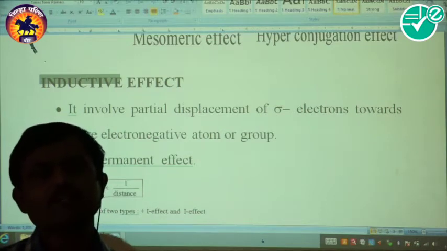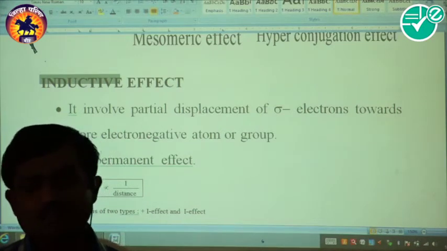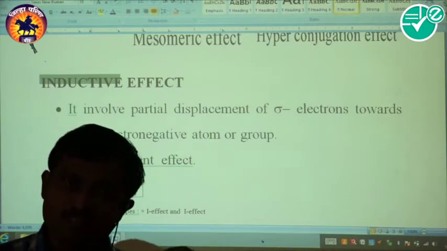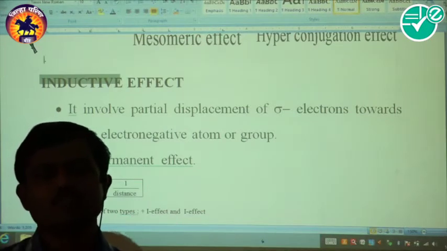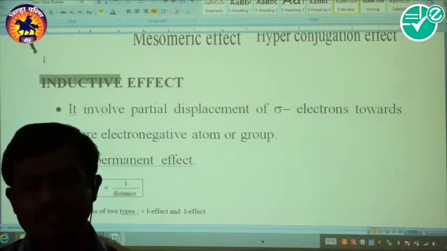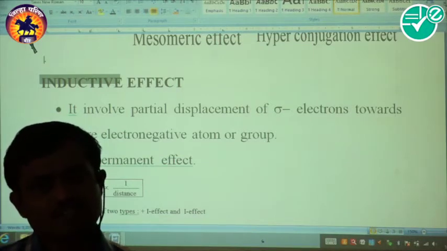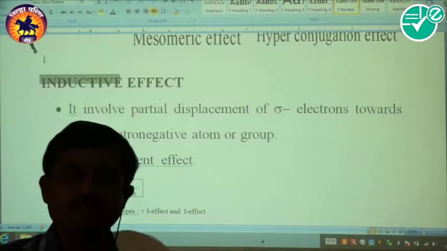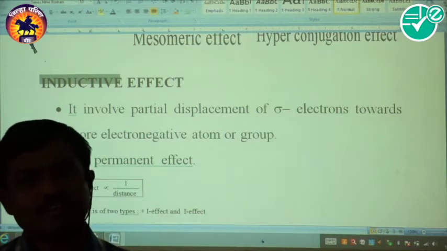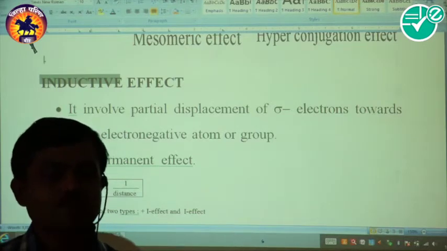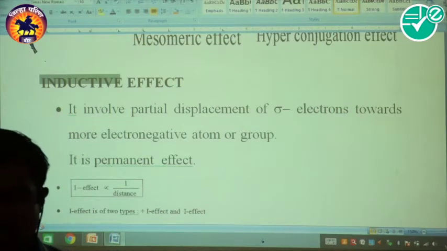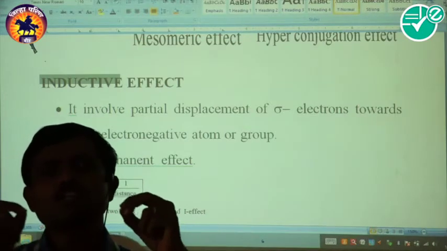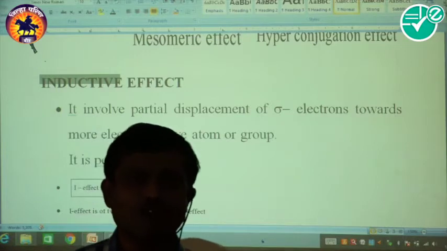When different elements are bonded with each other, one always carries a partial positive charge and another a partial negative charge. So this type of polarity is observed.